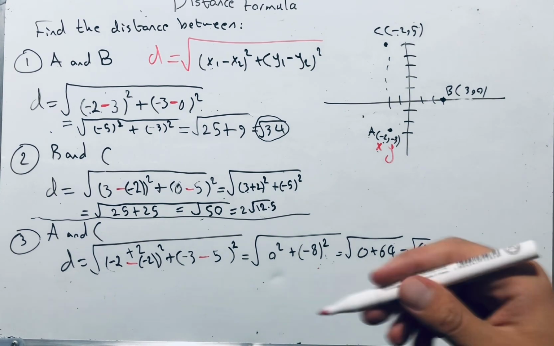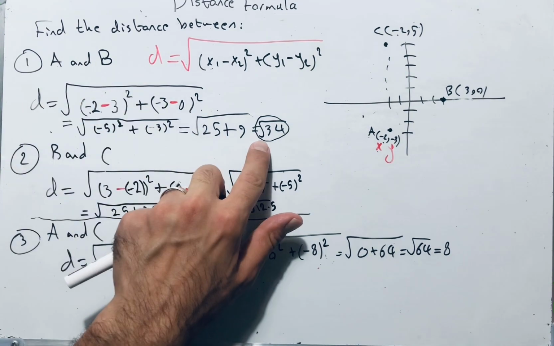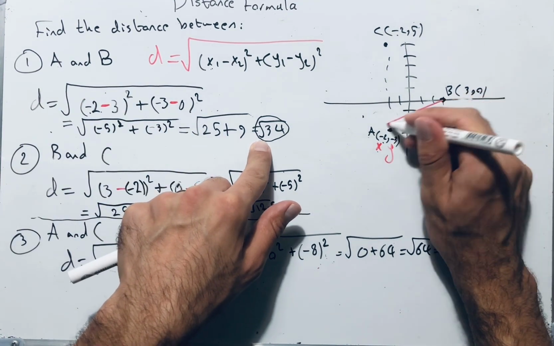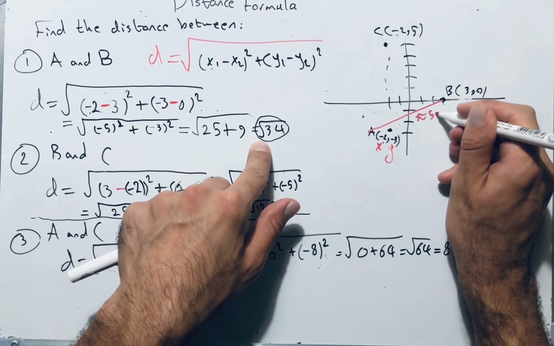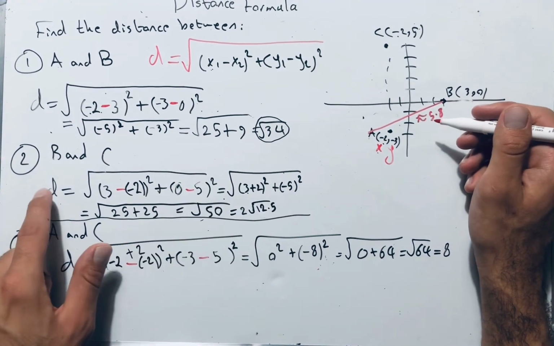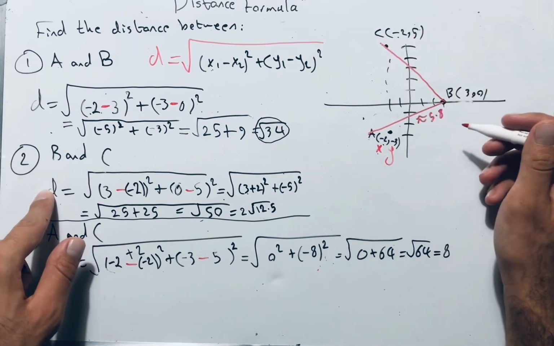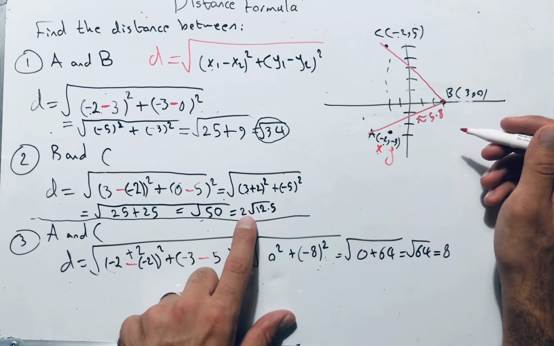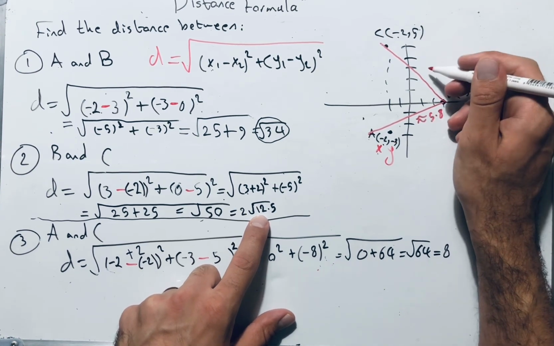We can check this also. We said the distance between A and B is the square root of 34, which is approximately 5.8. And then for the second part, between B and C, it is the square root of 50, which could be nearly 7.